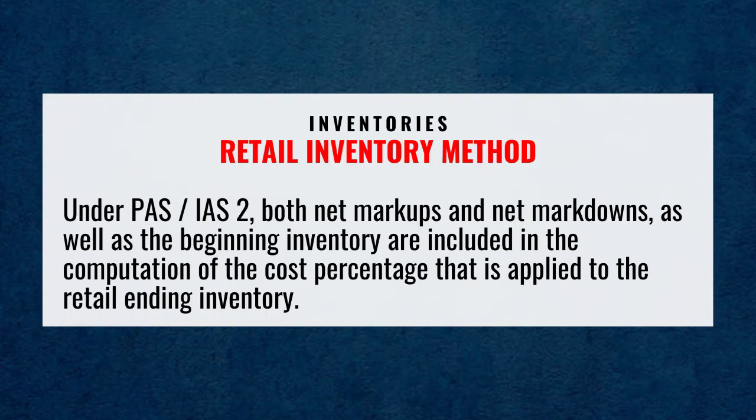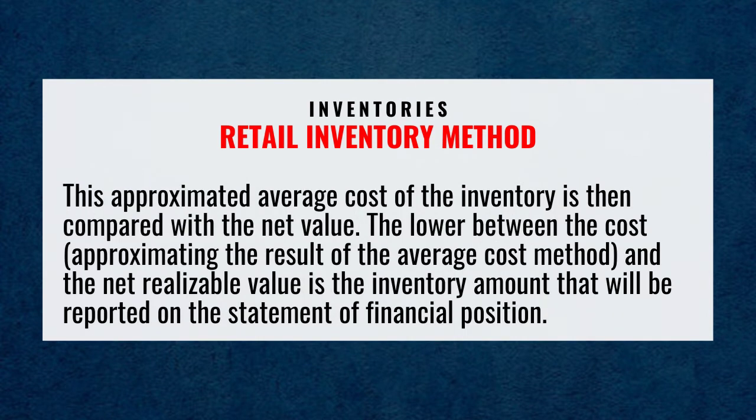Under PAS or IAS number 2, both net markups and net markdowns as well as the beginning inventory are included in the computation of the cost percentage that is applied to the retail ending inventory. This approximated average cost of the inventory is then compared with the net realizable value.